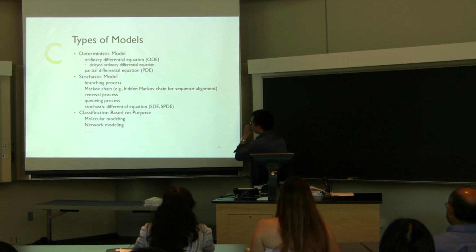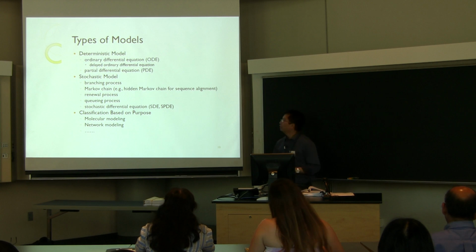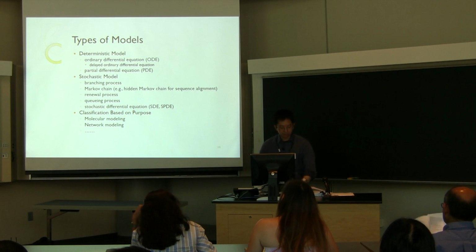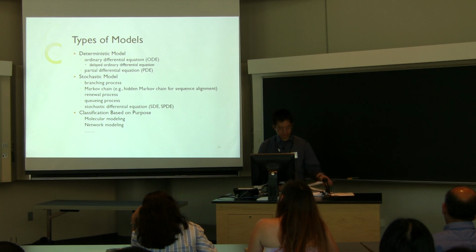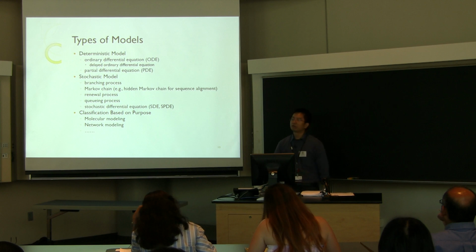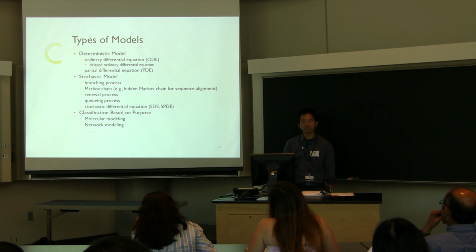So to model that many different things, what type of model can we use? Here we'll talk about different types of models. In general, we can divide different types of model into two categories. The first one is the so-called deterministic models.